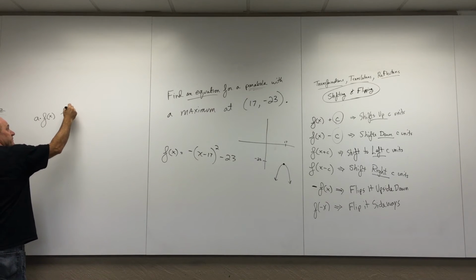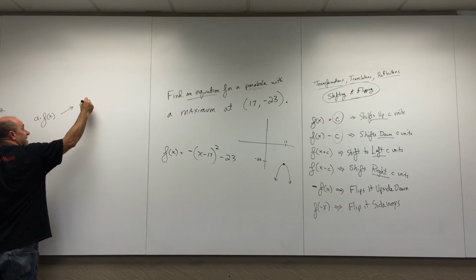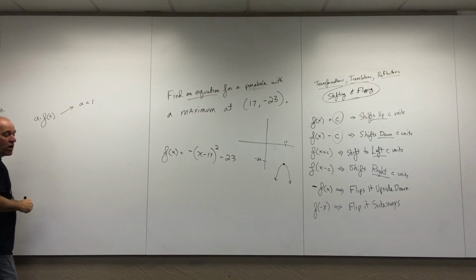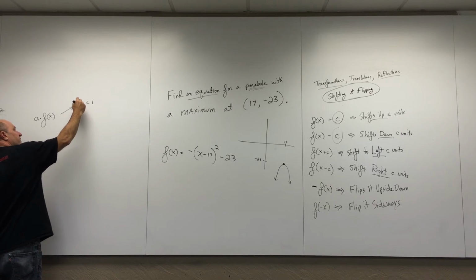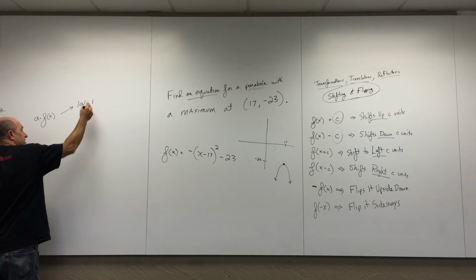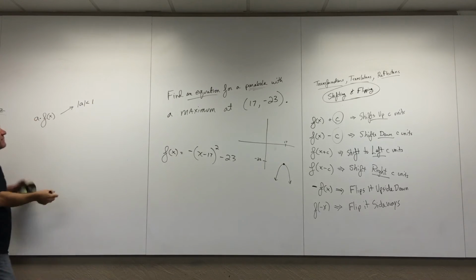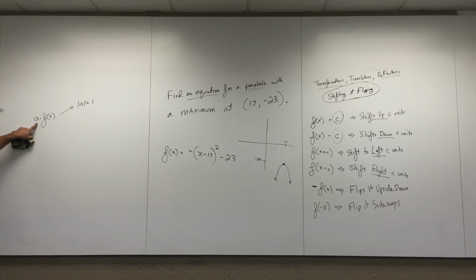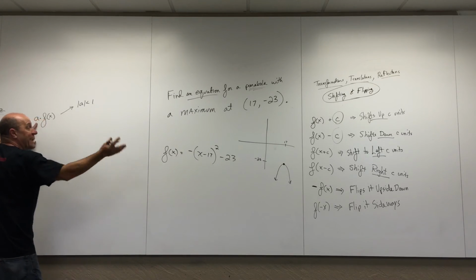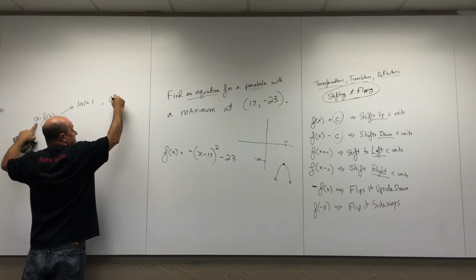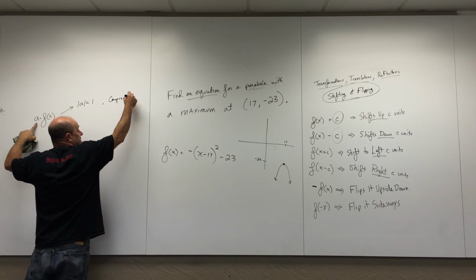And the deal is, if the absolute value of A is less than 1, like a 1/3 or a 1/4 or a 2/5, something less than 1, that makes it wider. I'm going to say it compresses the function.